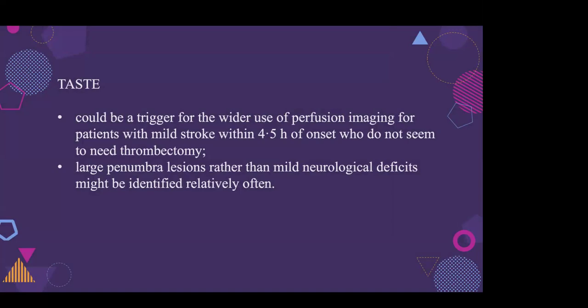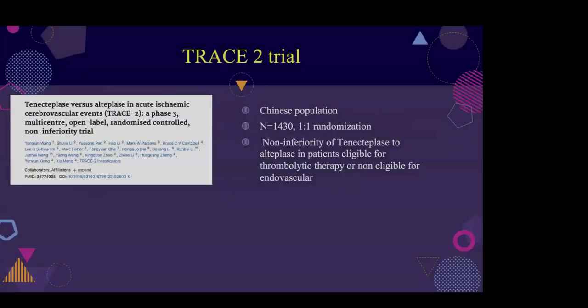So maybe this could result in more use of CTP, and large penumbra lesions rather than mild neurological deficits might be identified relatively often. Now talking about the TRACE-2 trial, this is a Chinese phase 3 trial. Again, this was a non-inferiority trial, and it was able to show non-inferiority of tenecteplase to alteplase in eligible patients.